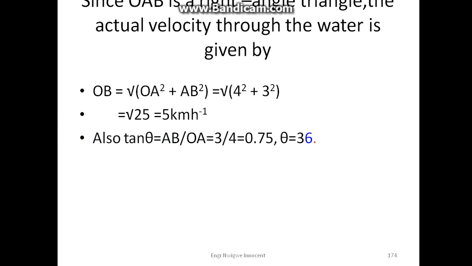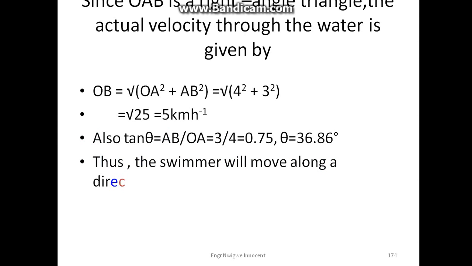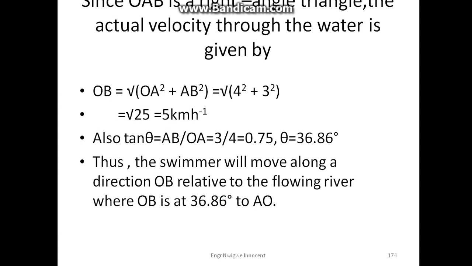Also, tan theta is equal to AB over OA, which is equal to 3 over 4, which gives us 0.75. Theta equals tan inverse of 0.75, which is 36.86 degrees. Thus, the swimmer will move along the direction OB relative to the flowing river, where OB is at 36.86 degrees to OA.